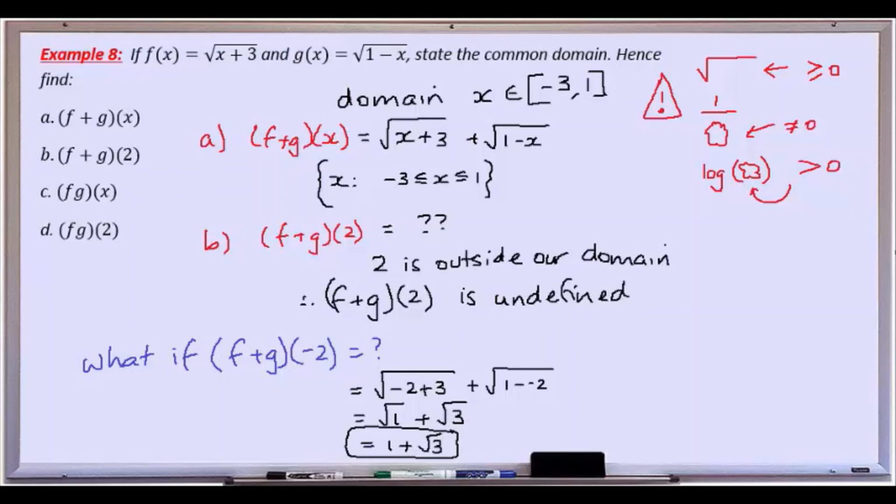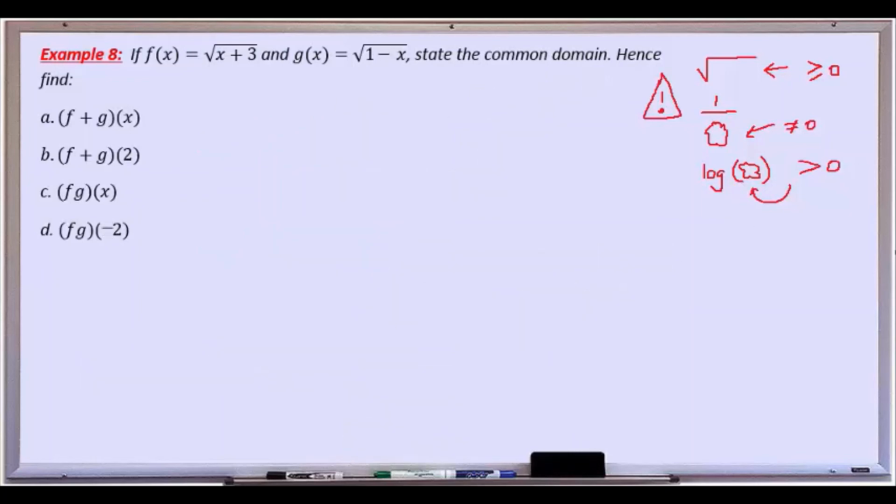Now let's look at the product functions. And you'll notice that I've cunningly put a negative 2 in here so we don't run into that same problem. So part C, which is fg of x, means we're going to multiply them.